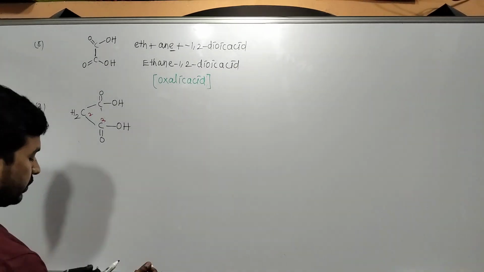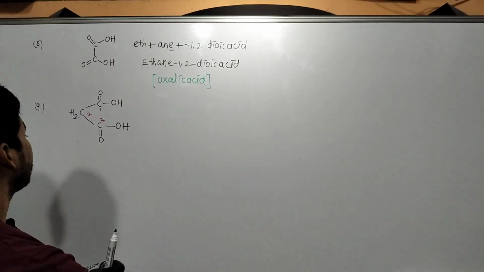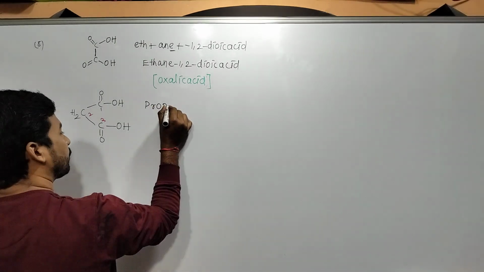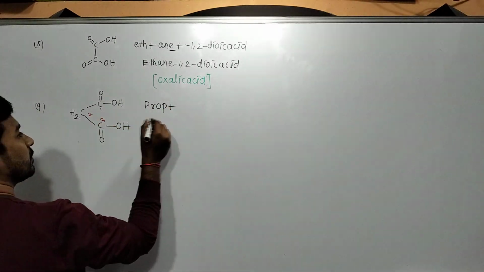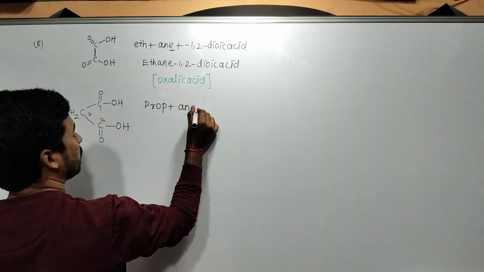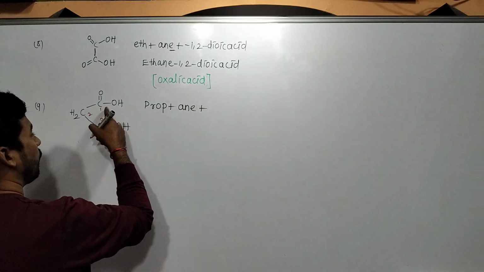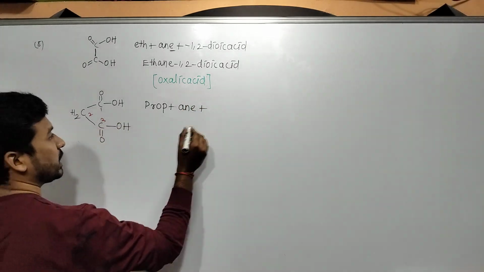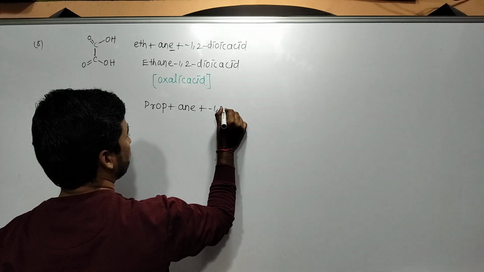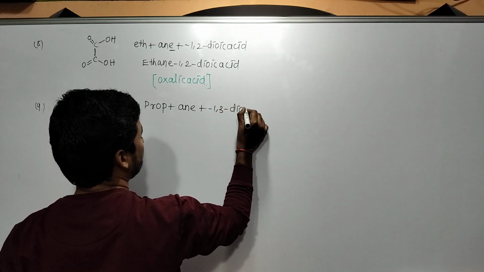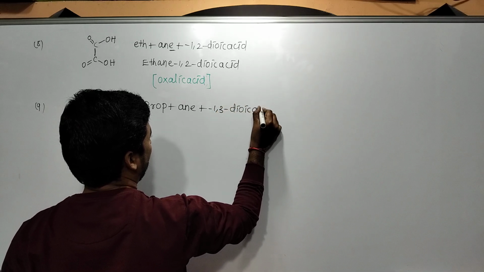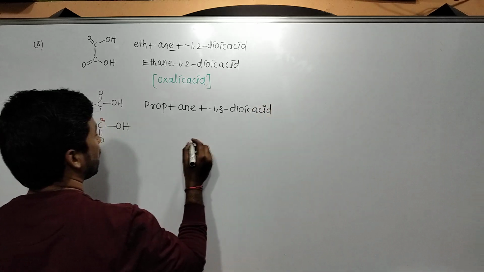So how do you write its IUPAC name? 3 carbon atoms, prop. Between those 3 carbon atoms, single bond, so ane, plus 1 and 3 positions, oic acid. 1, 3 dioic acid.